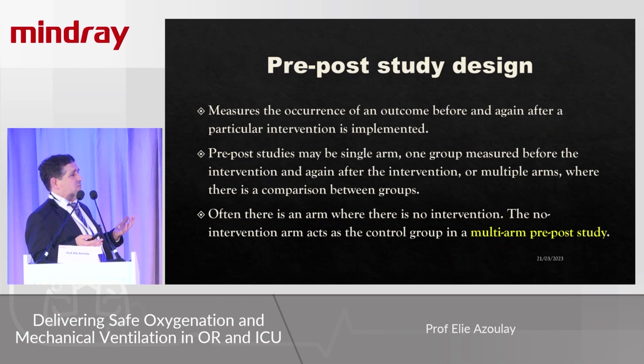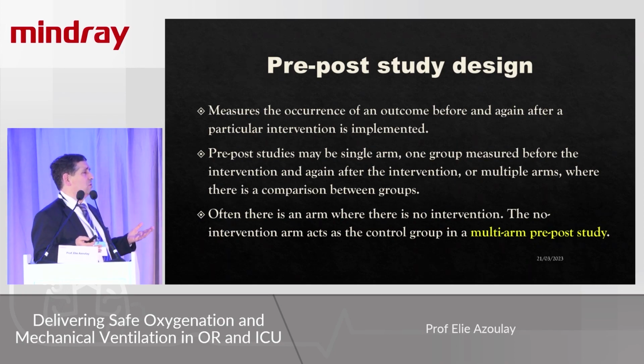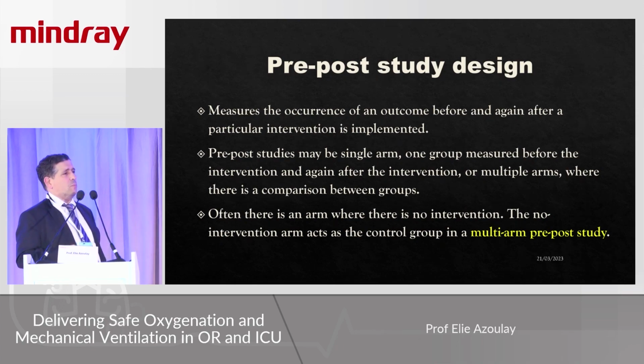And it's very interesting that you could also have two different groups, but by definition, it's not controlled, and the two groups are not going to be 100% comparable. And often, this is the case that Samir presented. We have a multi-arm pre-post study with different groups of patients undergoing the interventions.